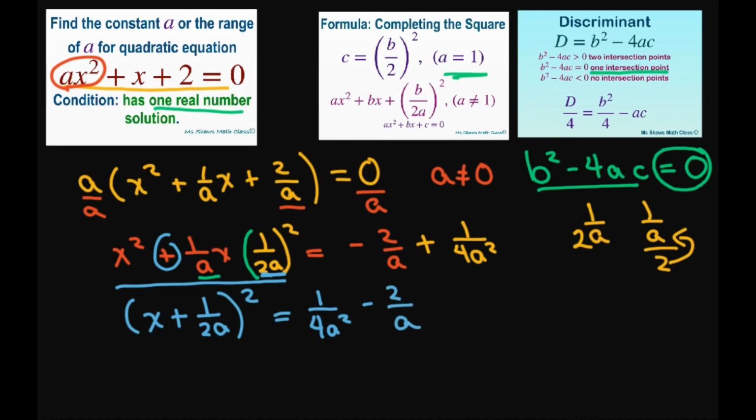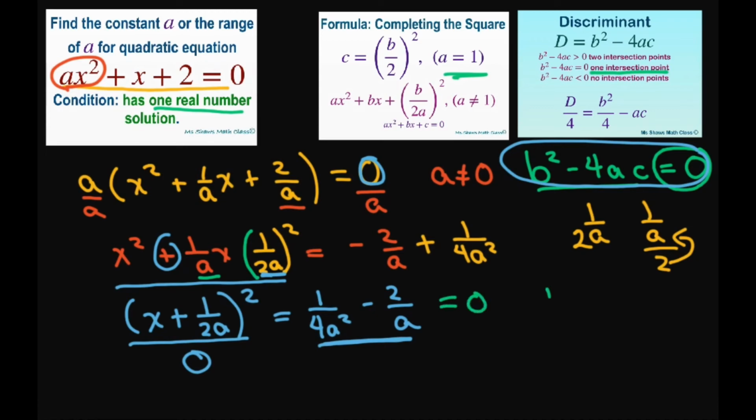All right, because it's set to 0, this equals 0. So what we're looking for is this, and we're going to set this equal to 0 because we want only one intersection point, or one real solution. So if we set this to 0, we have 1 divided by 4a squared equals 2a.